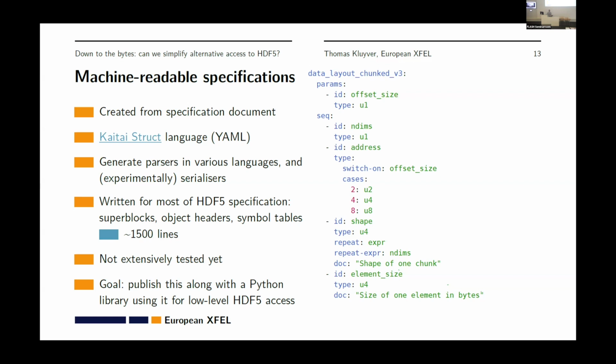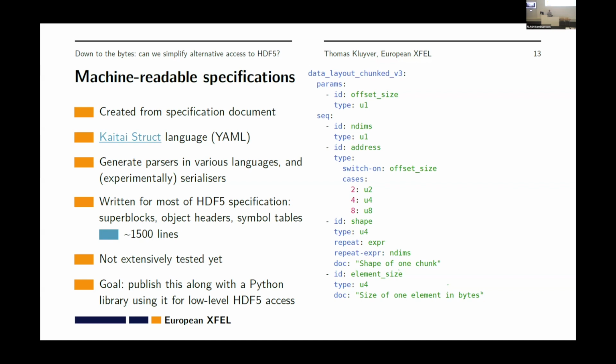And you can use all of these definitions to automatically generate parsers in various languages. I have written it for quite a lot of the HDF5 specification, not that that is enough to read HDF5 files completely, but a lot of the details of parsing bits of the structure are there.